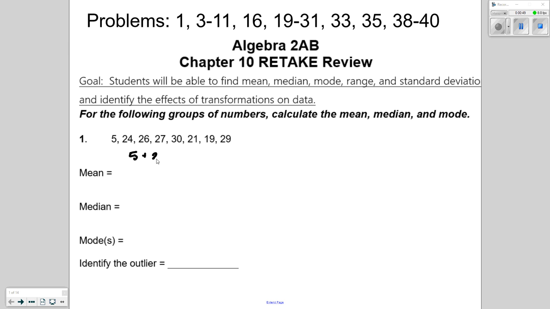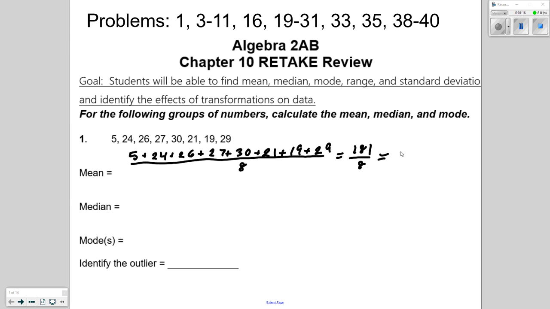So 5 plus 24 plus 26 plus 27 plus 30 plus 21 plus 19 plus 29, and divide that sum by the amount of data values we have in the data set, which is 8. So for the sum, we get 181 divided by 8, and that's going to give us 22.6 for the average, or the mean.